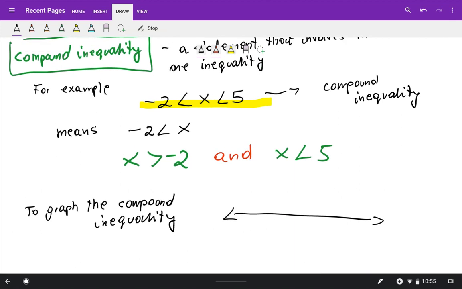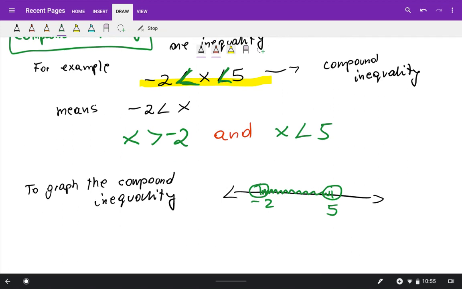The number which you have on the left side is -2. The number which you have on the right side is 5. So that means the solutions are all the numbers between -2 and 5. Since you have strict inequalities, which means inequality without an equal sign, we're not including -2 and +5 as a solution. So this is the solution set. The solutions are all the x's between -2 and 5.